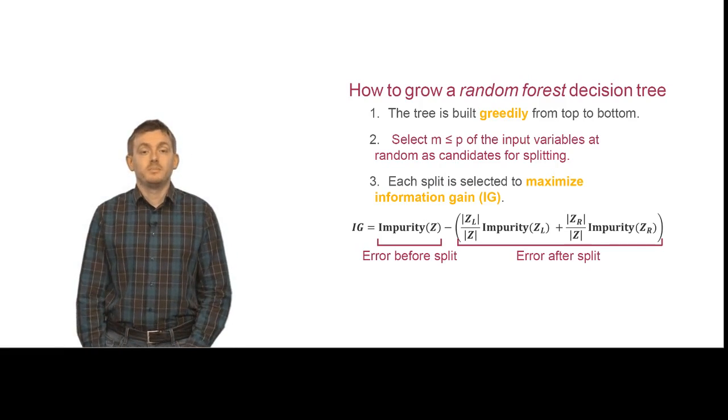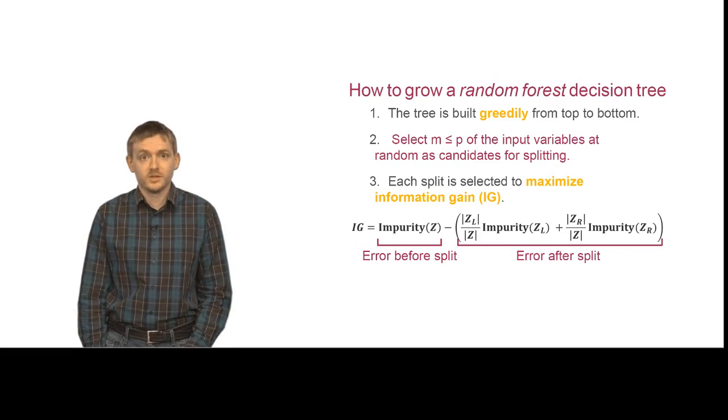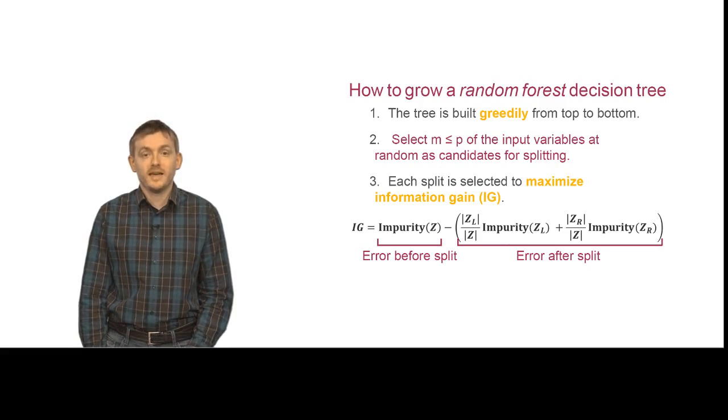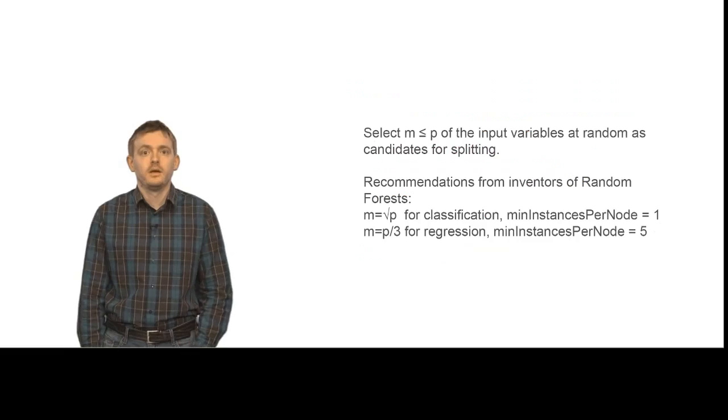It is the maximization of information gain, the same as reducing the error after the split. The only difference is that you are finding the best split not among all the variables, but among a subset of these variables.